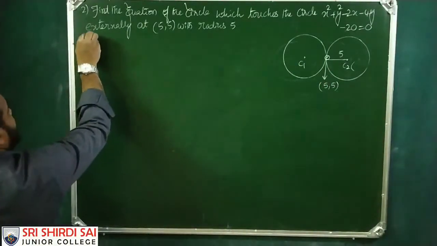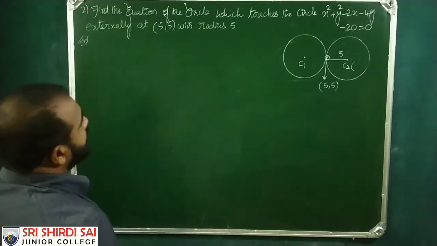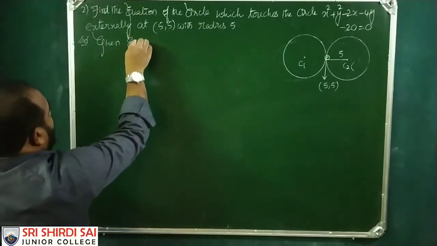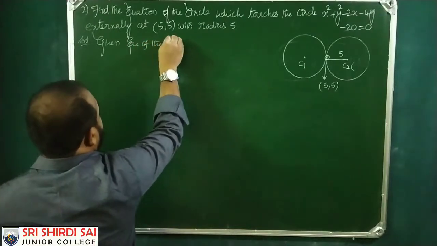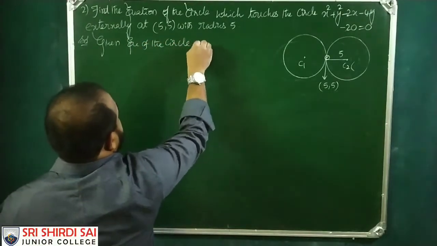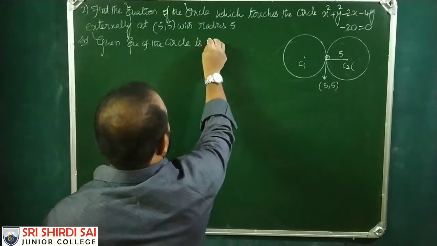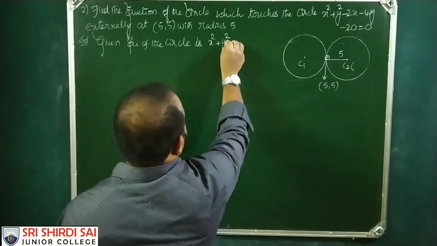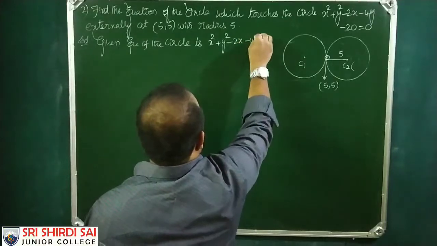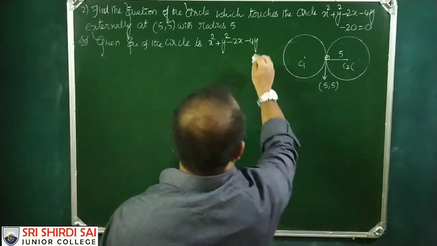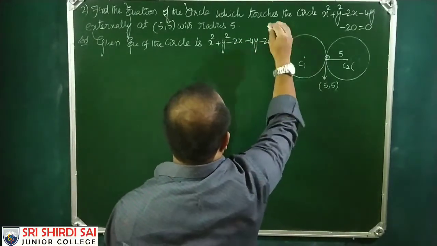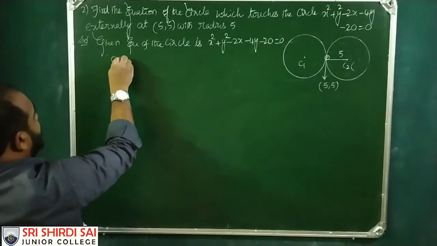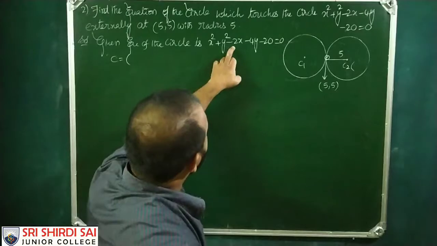Solution. The given equation of the circle is x square plus y square minus 2x minus 4y minus 20 equals 0. What is the center of this? C is 1 comma 2.